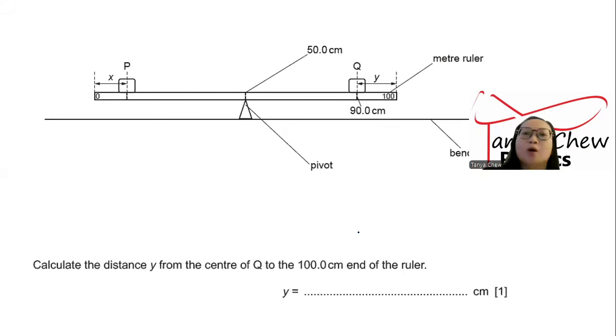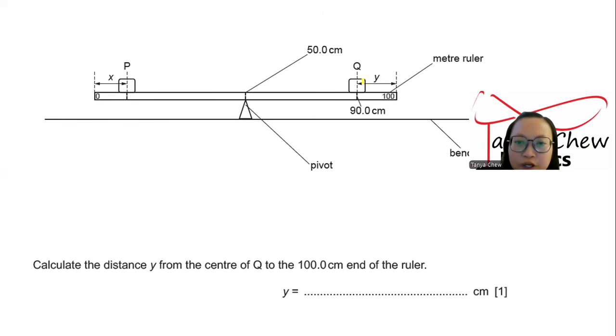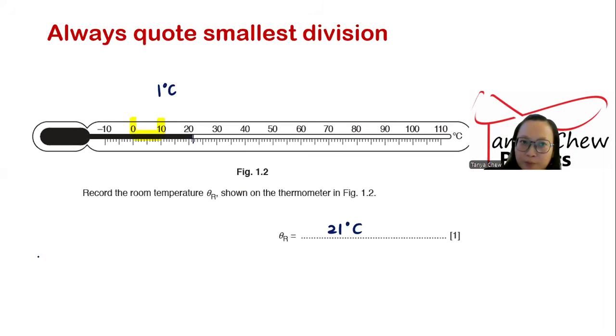Now, what about this? Calculate the distance y from the center of Q to the 100 cm end of the ruler. Where is our y? Y is actually here. First of all, talking about y, like what I said, remember this point? Always quote the smallest division.